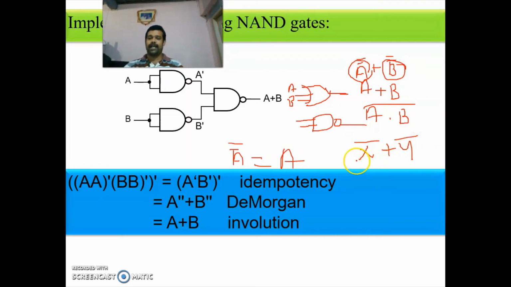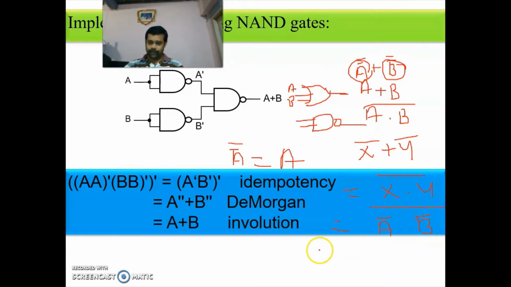By De Morgan's law, X bar plus Y bar is equal to X into Y the whole bar. So I am writing it as A bar into B bar the whole bar.